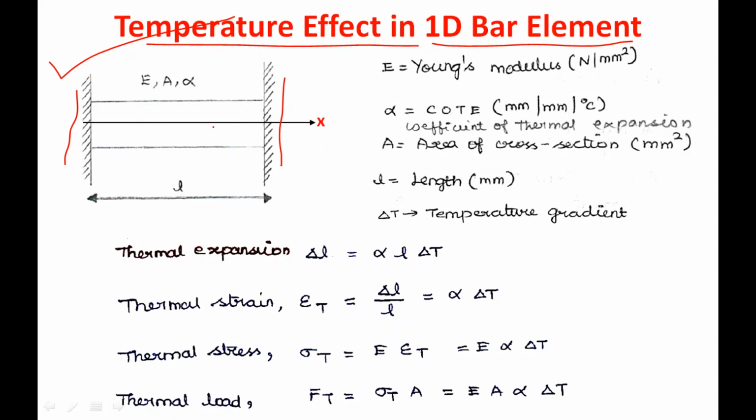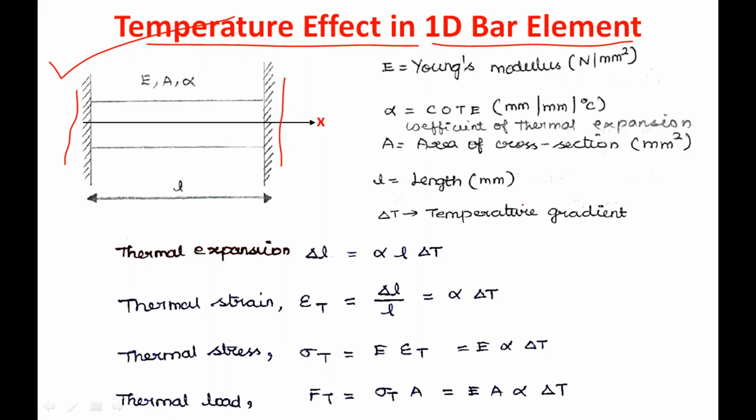The expansion of this bar due to the temperature change is constrained by these fixed ends. If any displacement is constrained for a member, then there will be a stress induced. So here also the expansion due to the temperature change is constrained because of the supports. So thermal stress will be developed.